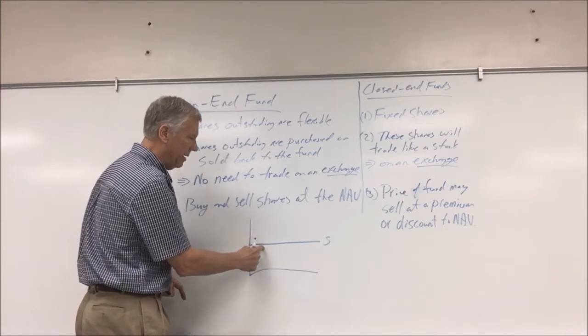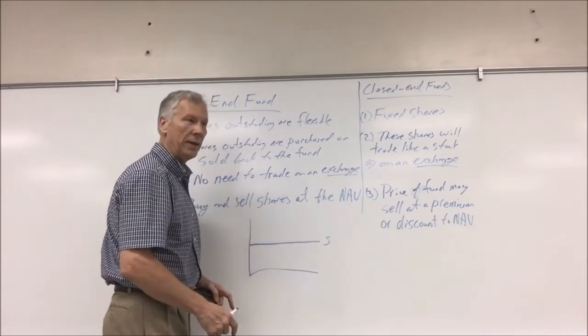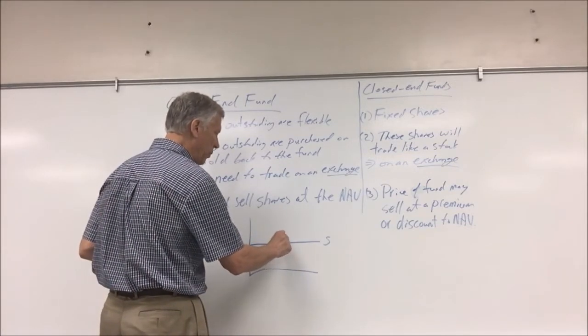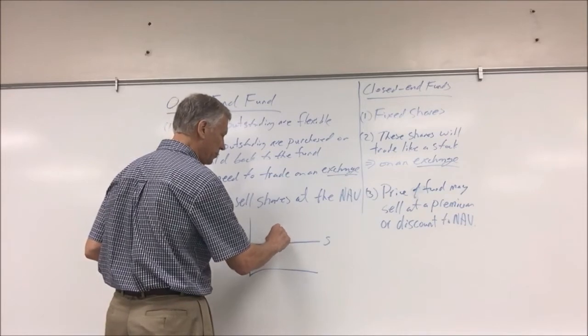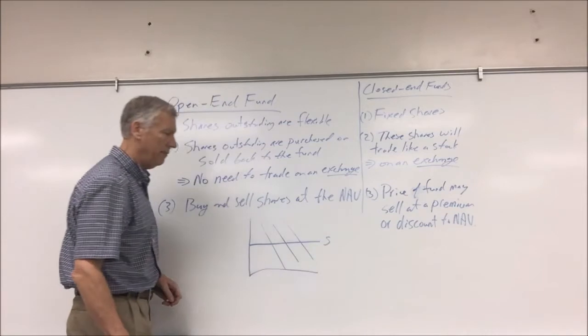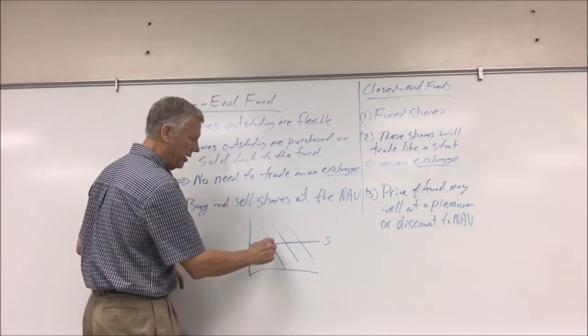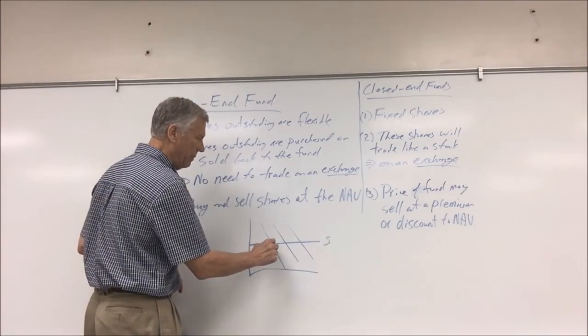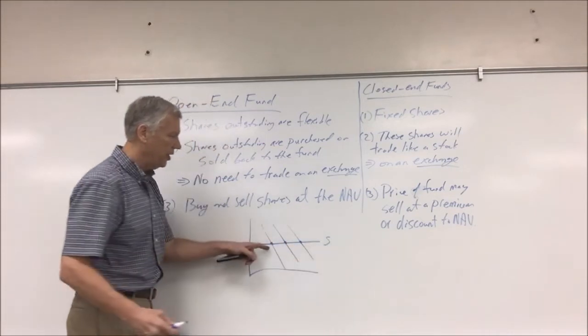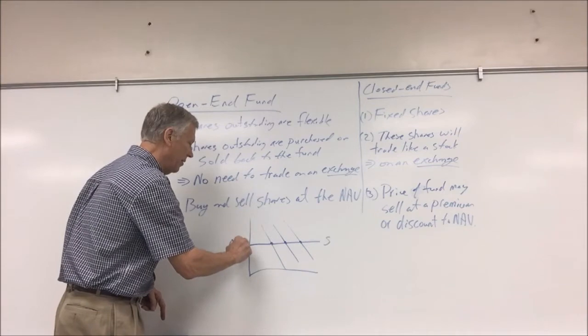If people want to buy it, it goes this way. So on any given day, if there becomes a great demand for this particular mutual fund, the amount people want to buy, well, they just issue more shares at this fixed net asset value, okay?